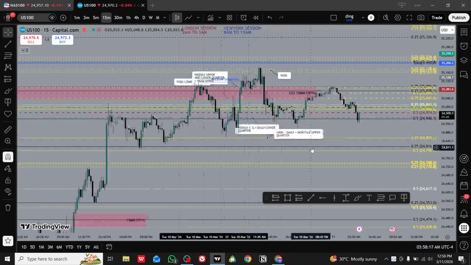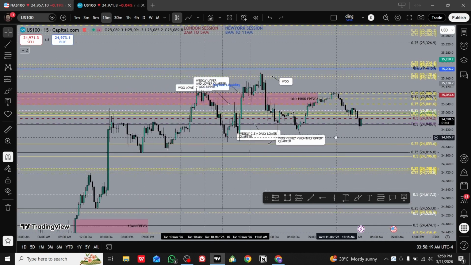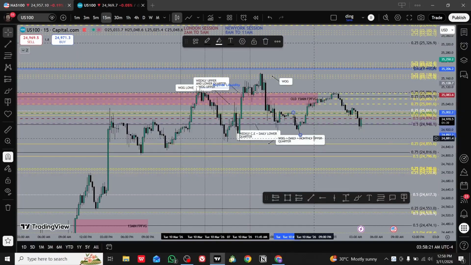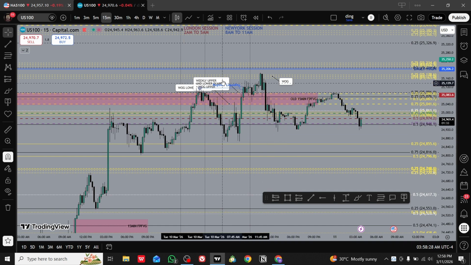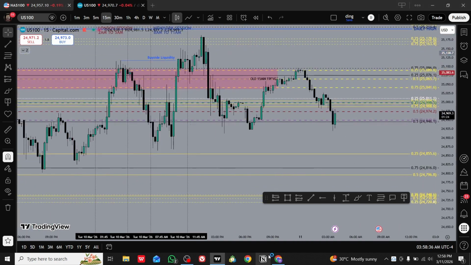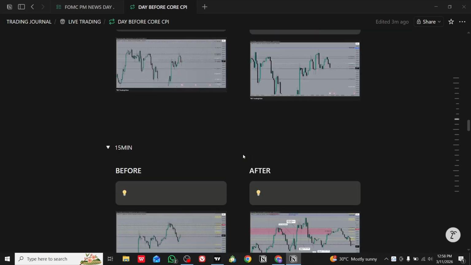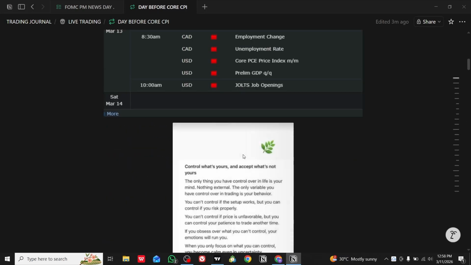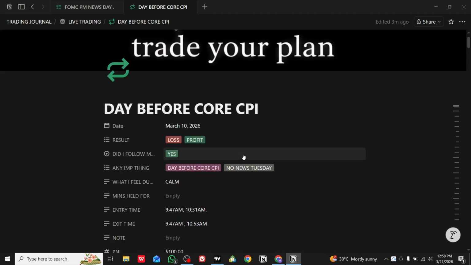On the 15-minute chart, I highlighted these PDRAs for my journal, and let's remove that for a minute. This was in my journal, and I just completed my journal.